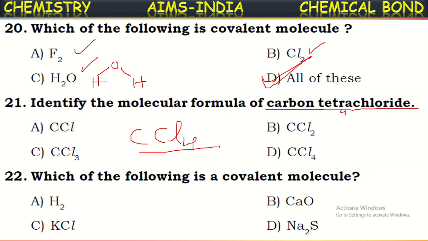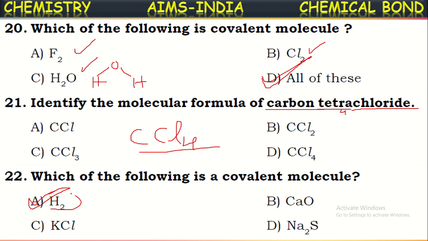If it is formed between atoms of the same electronegativity or between the same atoms, then the molecule will be a covalent molecule. If you see a hydrogen molecule, here the bond is formed between two atoms of the same kind, then there is no formation of ions or transfer of electrons. Just sharing of electrons takes place. The bond formed by the sharing of electrons is called a covalent bond.